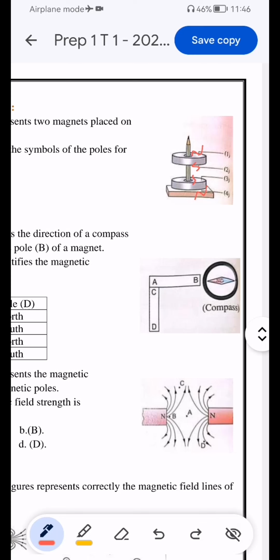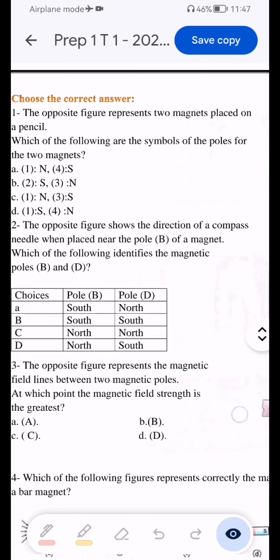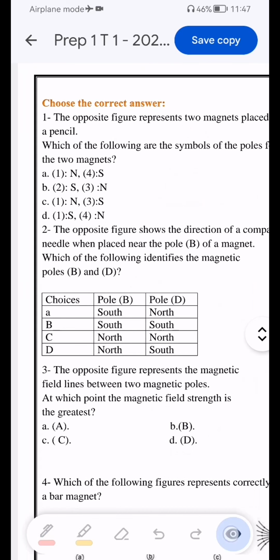Attracted to the opposite, so B will be south. Any magnet has two poles, so the other side will be north. And there's attraction between A and C, so C is the opposite, so it will be south, and D will be north. So B south and D north.